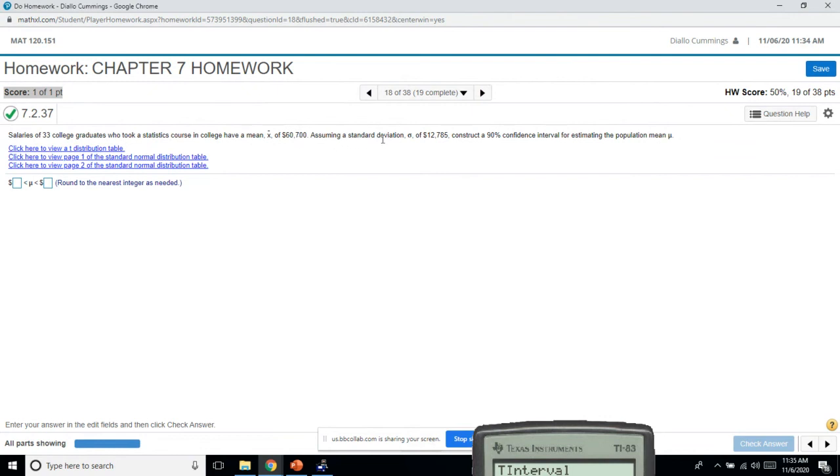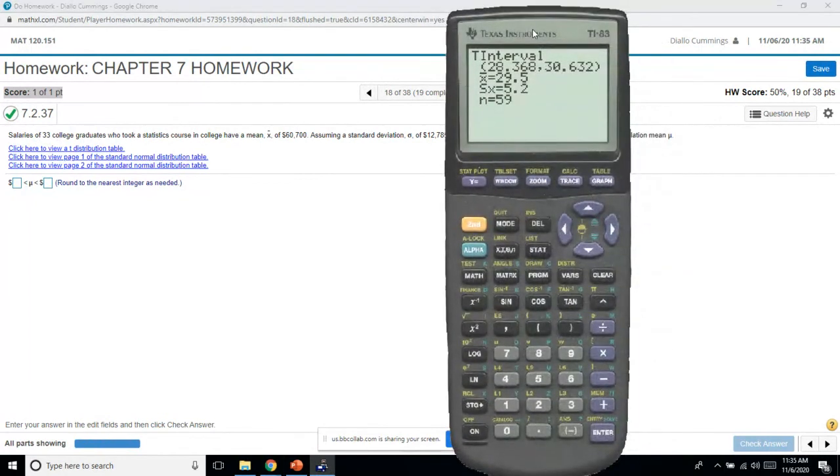It says, assuming a standard deviation of 12,785, we're asked to construct a 90% confidence interval. So notice that the standard deviation in this problem is assumed. So for problem number 18, we're going to use a Z interval.